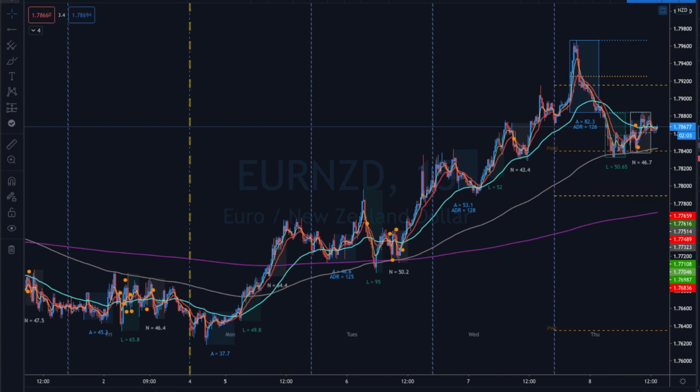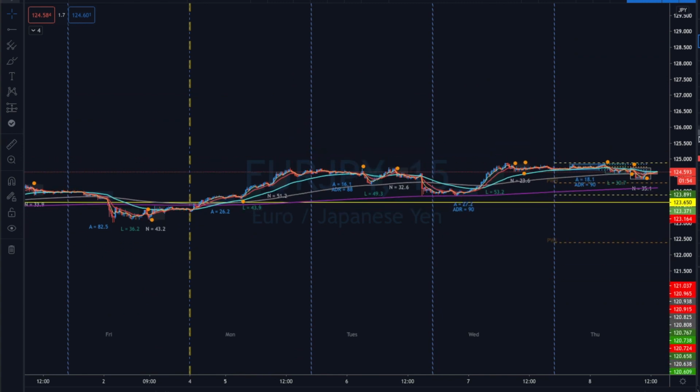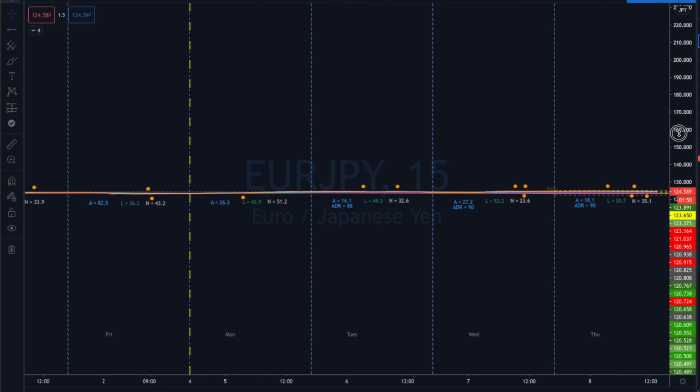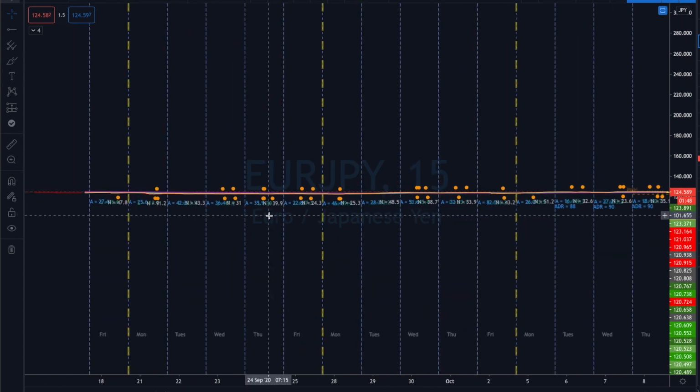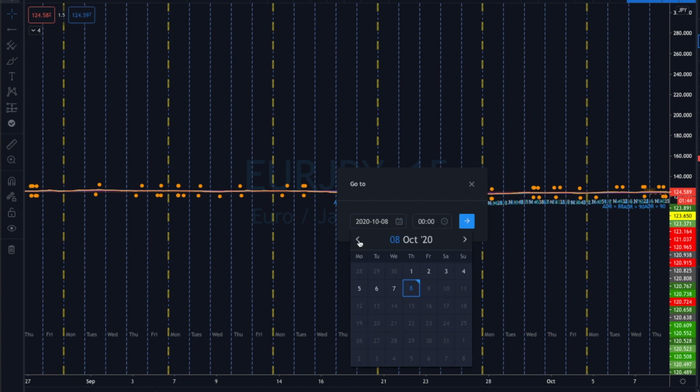All right. Let's take a look at Euro JPY. And so what we're going to do is first we're going to shrink the chart so we don't know what essentially price looks like, right? And then let's go ahead and go back to a random date here.